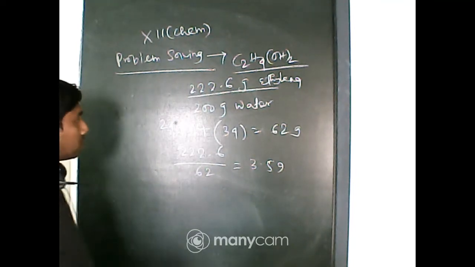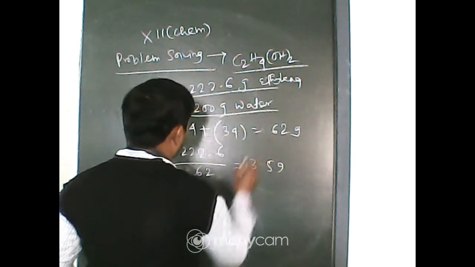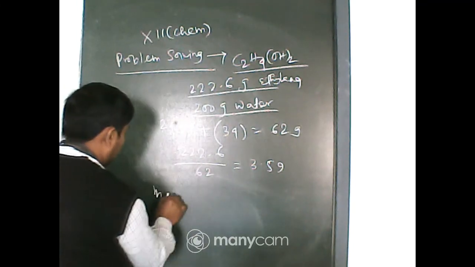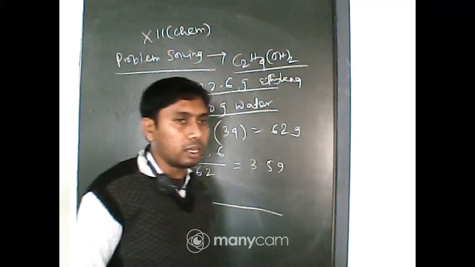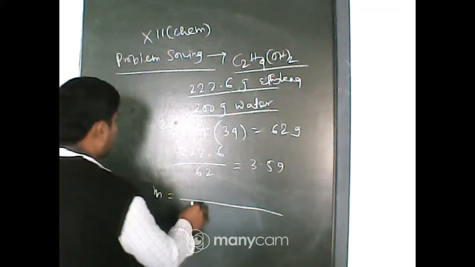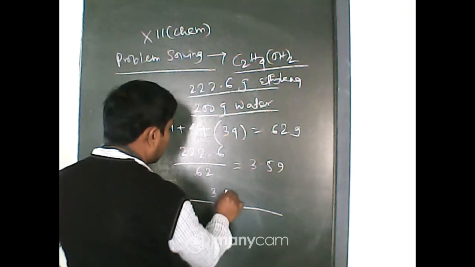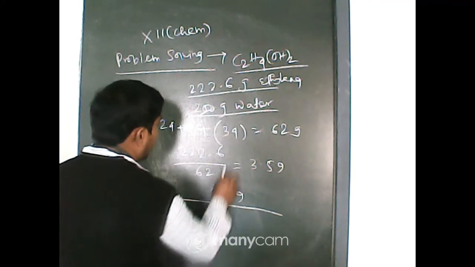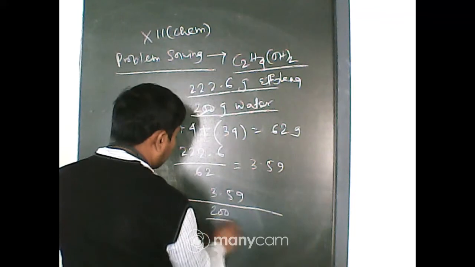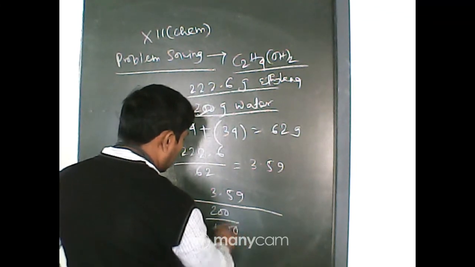Next one, mass of water given, that is in gram. Now small m equals number of moles of the solute by weight of the solvent in kg. Now moles, that is 3.59, divided by weight of the solvent in kg, that is 200 divided by 1000.